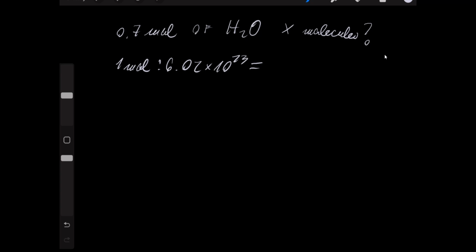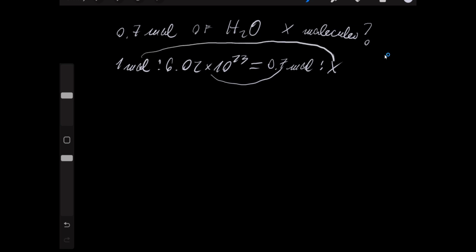But I don't have 1 mole. I have 0.7 moles, has how many molecules? And now again I multiply the inner and the outer, and I'll get 0.7 times 6.02 multiplied by 10 to the 23 equals 1 multiplied by x.